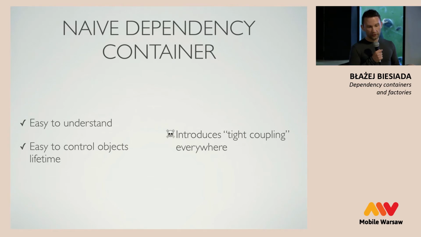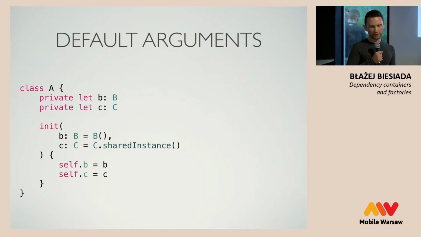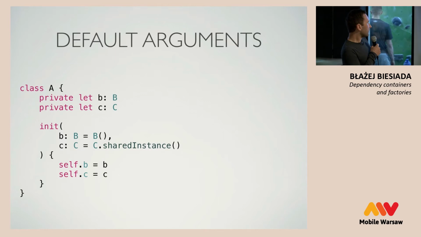Yeah, that's another solution. And finally, one that I really like and I've been using for a while is default arguments. And here, the solution to dependency injection is that we are using Swift default arguments in an initializer.